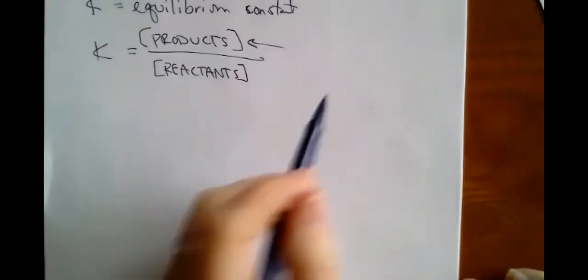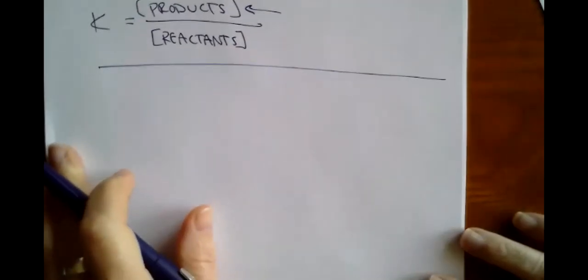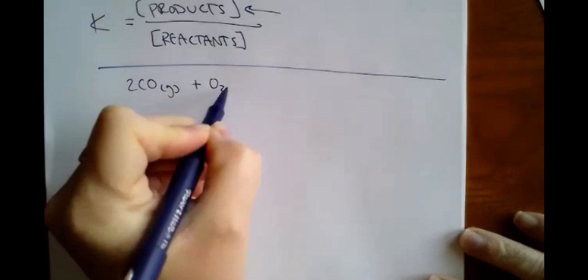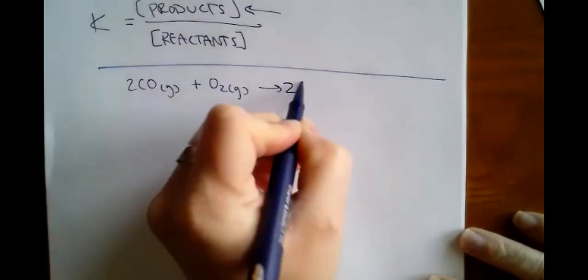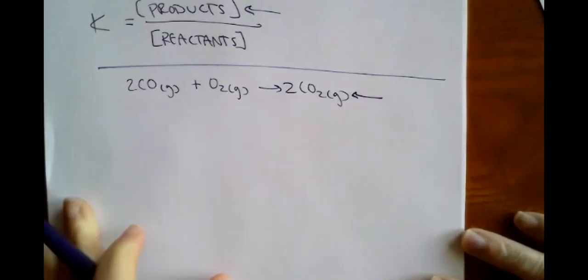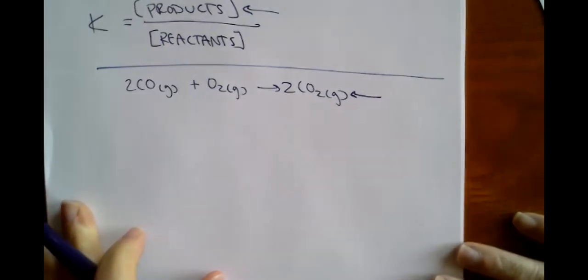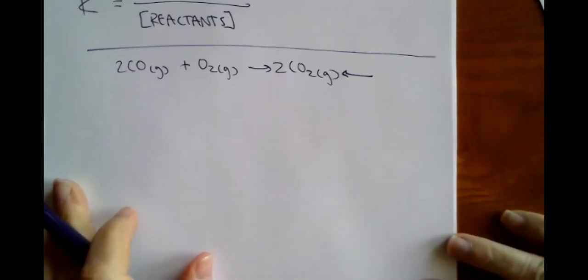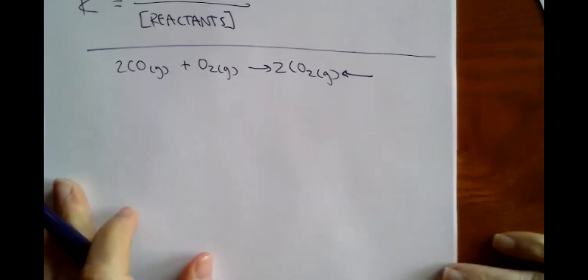So if we look at that given example, 2CO gas plus O2 gas yields 2CO2 gas. The actual physical states we've ignored sometimes previously. That's unfortunately important for all this thermodynamics stuff because the entropy of a solid is very different from the entropy of a liquid and a gas.